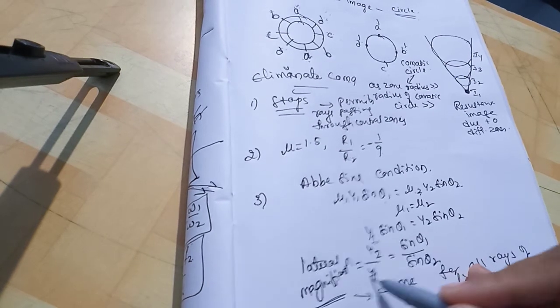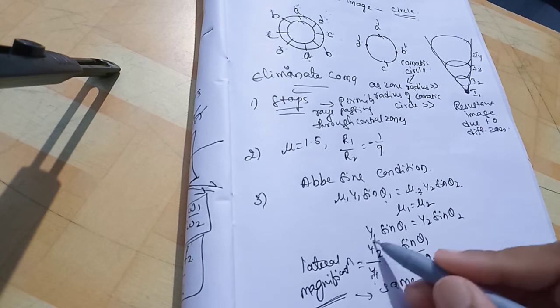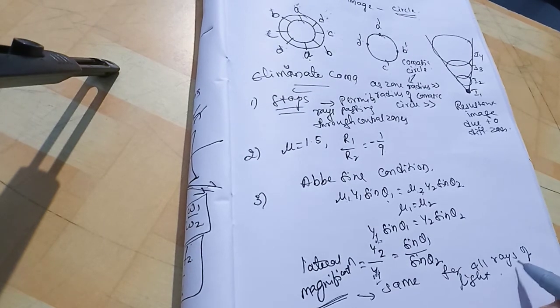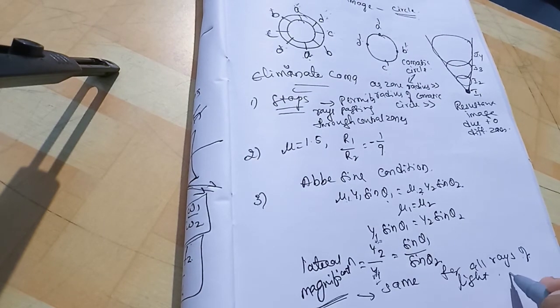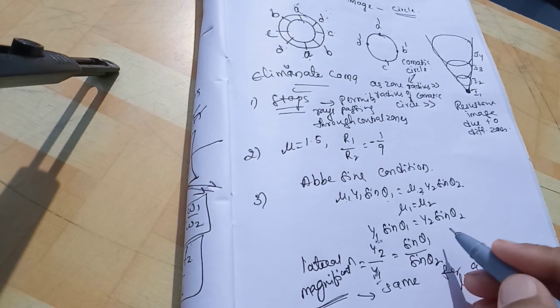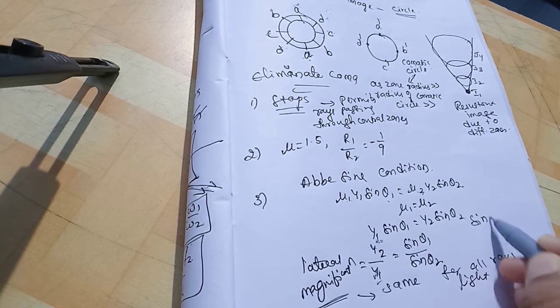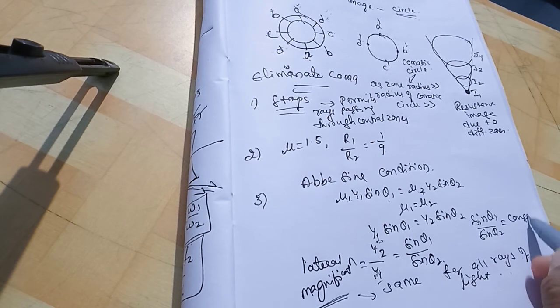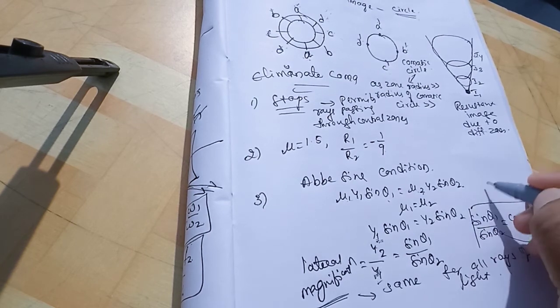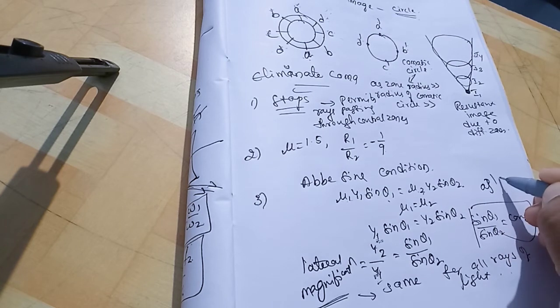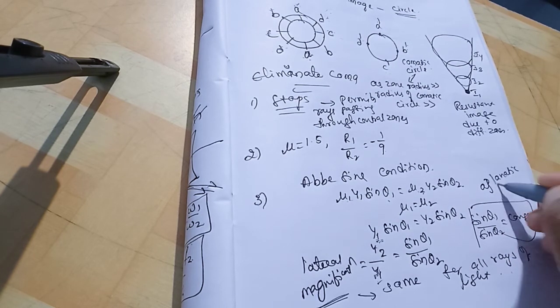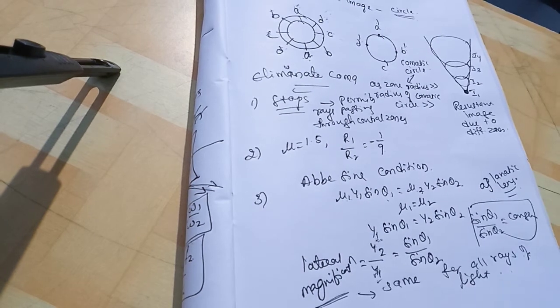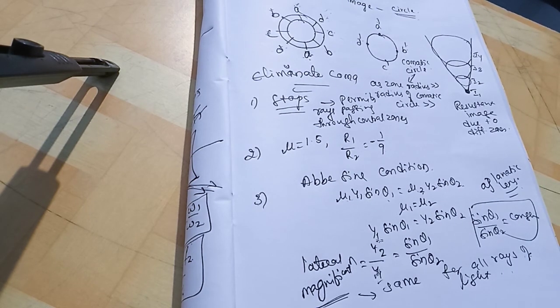So sin theta 1 by sin theta 2 is equal to constant. And this condition is nothing but the condition of aplanatic surface or lens.